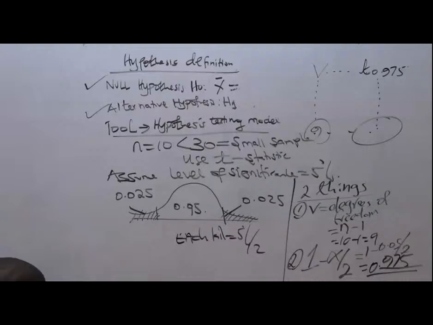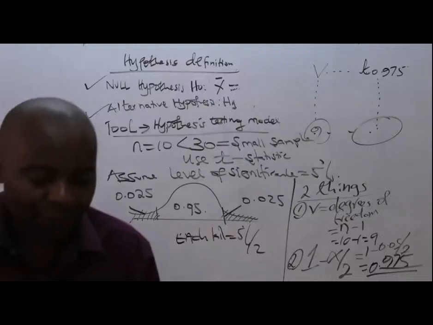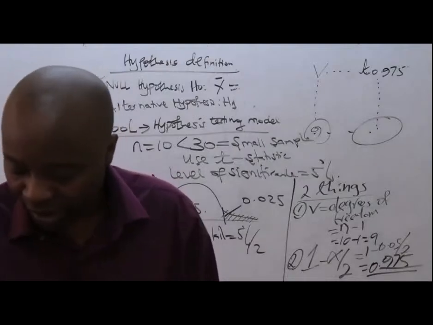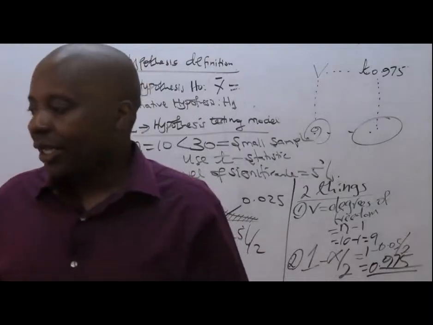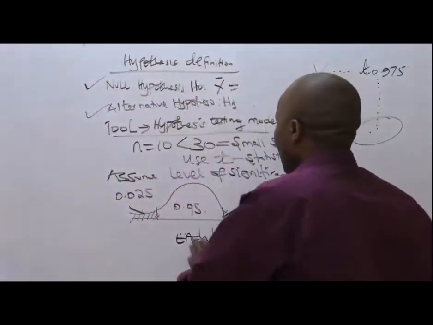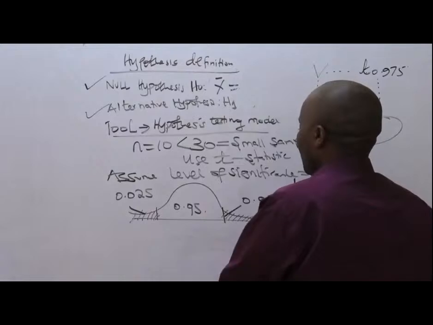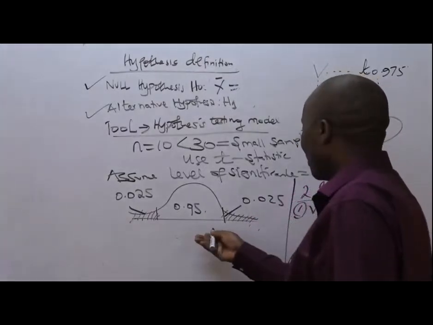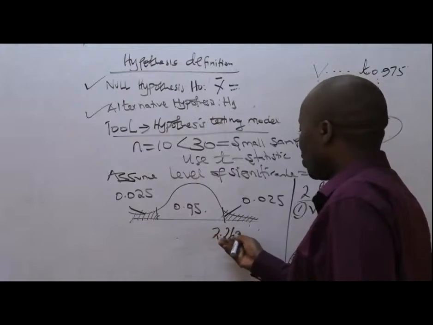Okay. I'll get that table and send it to you, perhaps after class. Thank you very much. Now we have been able to get our T critical, which is 2.262.